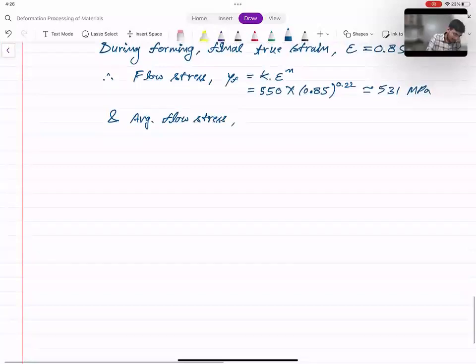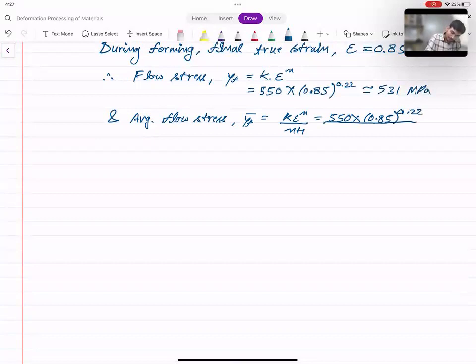So this was flow stress, and the average flow stress YF bar is given by K epsilon to the power n, that is flow stress, divided by n plus 1. Substituting the values, we get 550 times 0.85 to the power 0.22 over 0.22 plus 1.